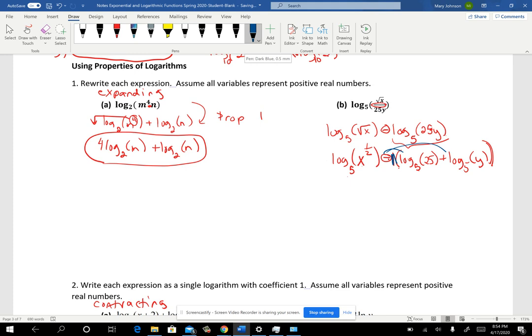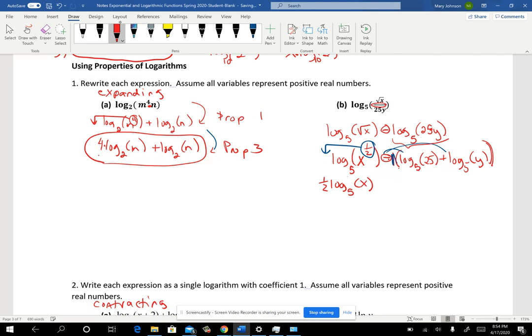There's a couple things we're going to do to finish this up. One of them is to bring that 1/2 exponent out in front. That step here, we did it. That's property 3 that allows you to drag that exponent down in front. We're going to do that here. Get a 1/2 times the log base 5 of x.